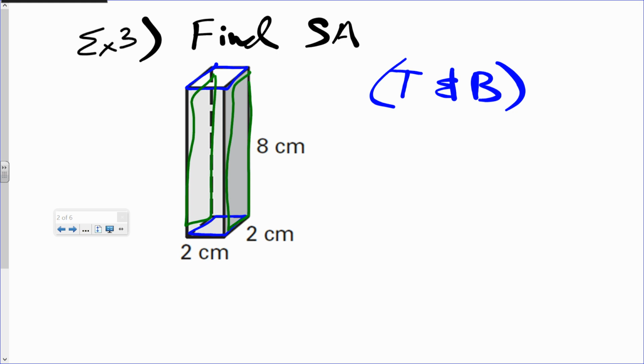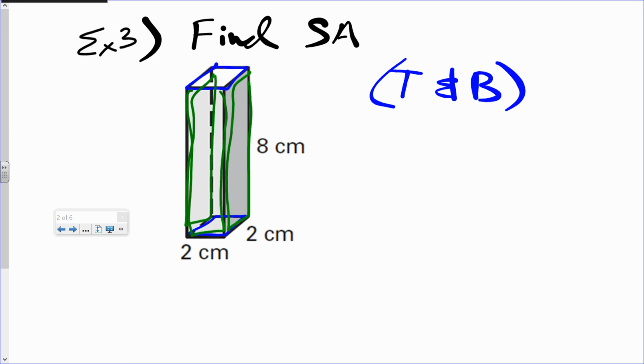In this case, the left and right is an 8 by 2, but look at the front and back. The front is also an 8 by 2. In other words, we have 4 rectangles that are the same. So I don't have to distinguish between front and back and left and right. They're all the same. Front, back, left, and right faces are all the same rectangle. They're all 8 by 2s, if you can see that. And the reason why they're all the same is because the top face is a square, 2 by 2.